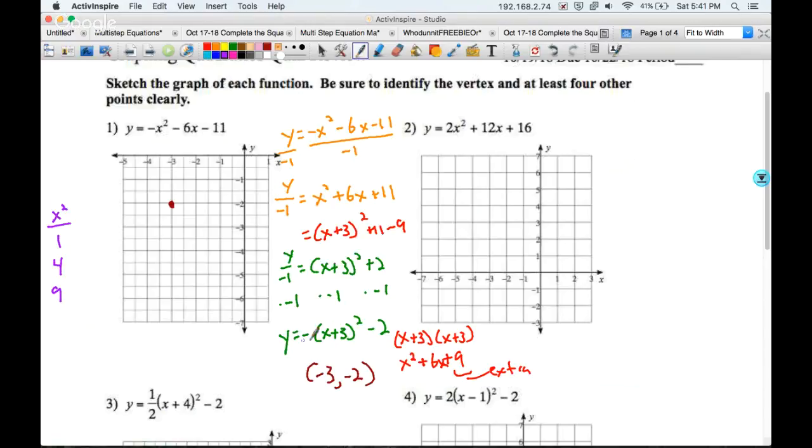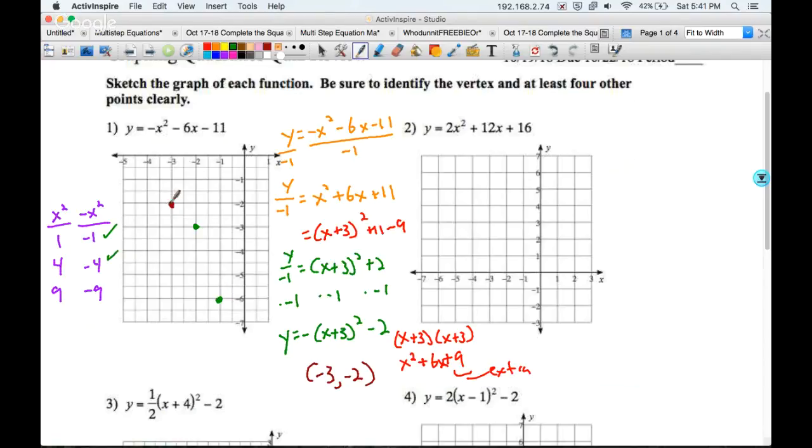We have a value of a negative, so negative x squared is going to be -1, -4, -9. So this tells us as I move out from the vertex, horizontally, if I move 1 unit out, I should go 1 unit down. Back to the vertex, if I move 2 units out, I should move 4 units down.